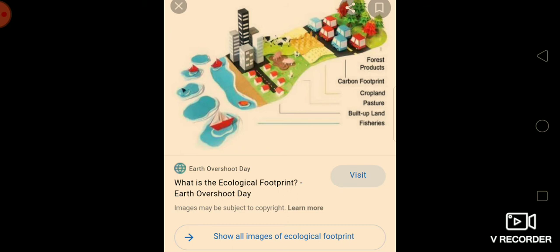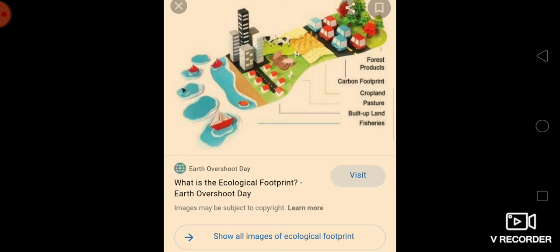Then the World Wildlife Fund, in its Living Planet report of 2014, found that in 2010 the global ecological footprint was 18.1 billion global hectares, or 2.6 global hectares per capita.